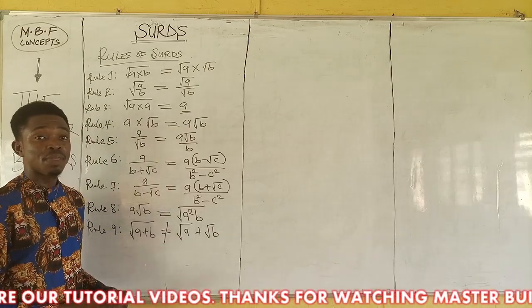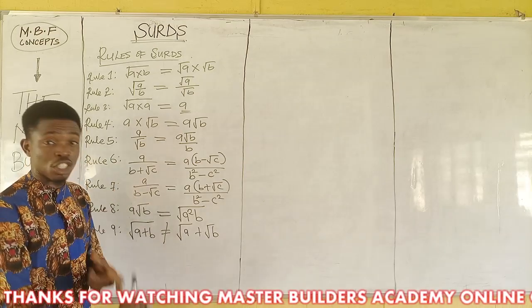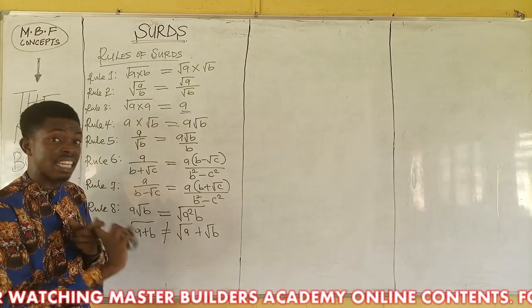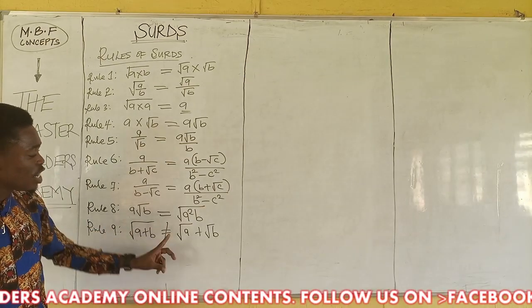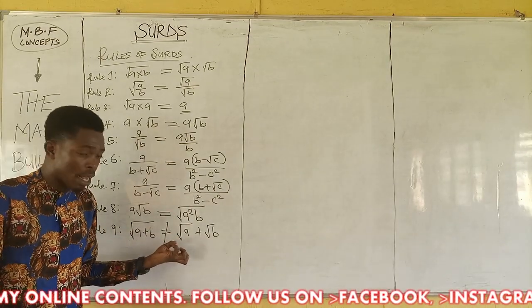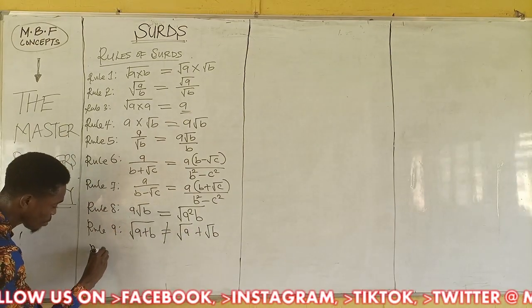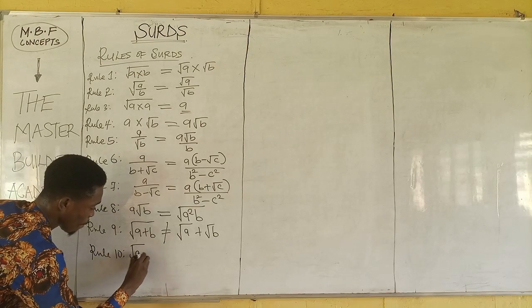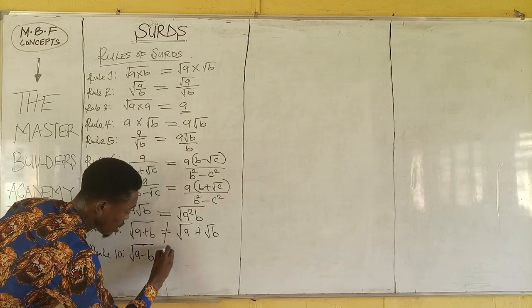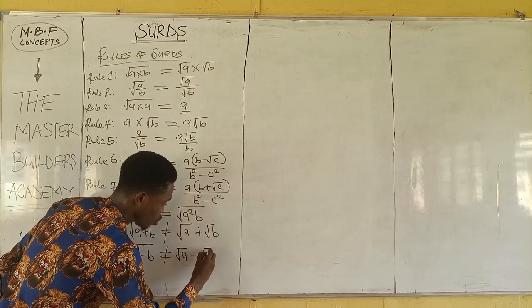This cannot be split like this. You do not split numbers that are separated with an addition sign or subtraction sign inside the square root. So root of a plus b is not the same as root a plus root b. Then finally, rule number 10, which is the last but not the least: root of a minus b is not equal to root a minus root b.